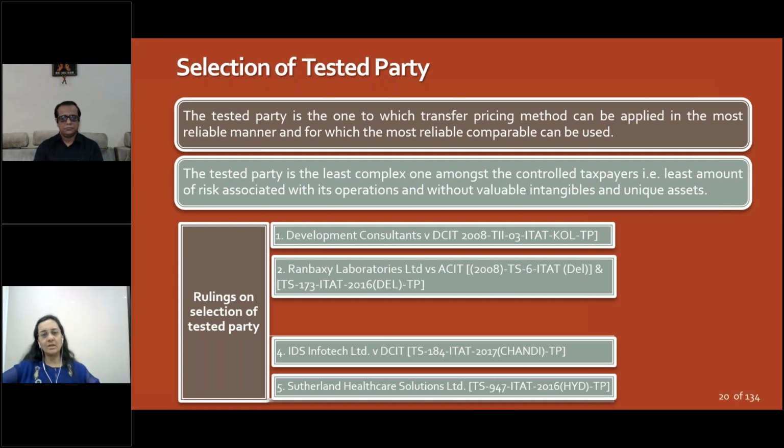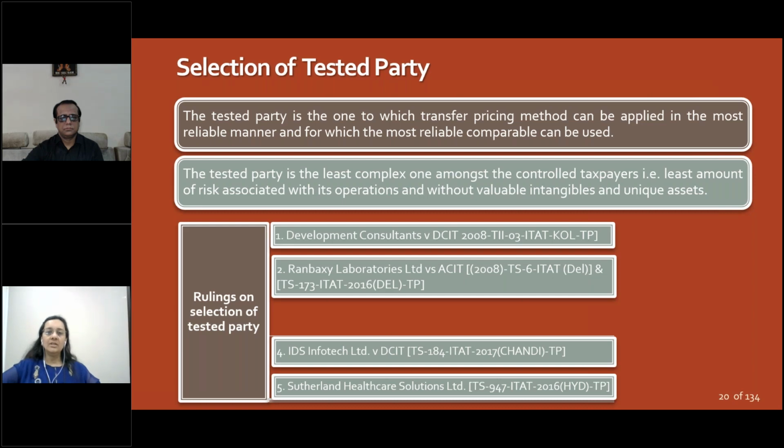So sometimes when we are making transfer pricing studies, even though the Indian party may sometimes be the more complex party, we may not have access to foreign databases, we may not have access to foreign comparables, and therefore we cannot judge in a reliable manner what would be the arm's length price if the foreign party was taken as the AE. And in those cases, by default, the Indian party is taken as the tested party.